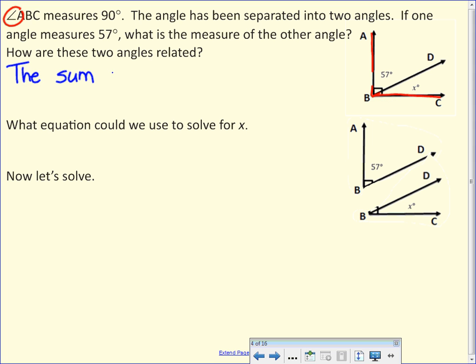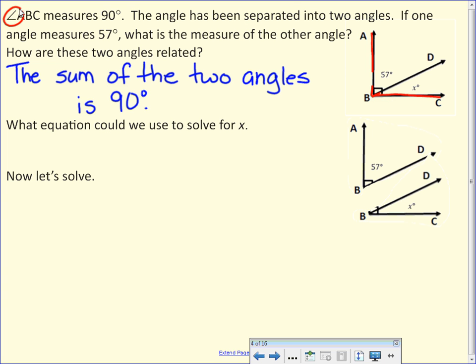So the sum of the two angles is 90 degrees. Yes. They are both acute angles, but that doesn't tell me how they're related to each other. That's a true fact about both of them, but that has nothing to do with them being related.